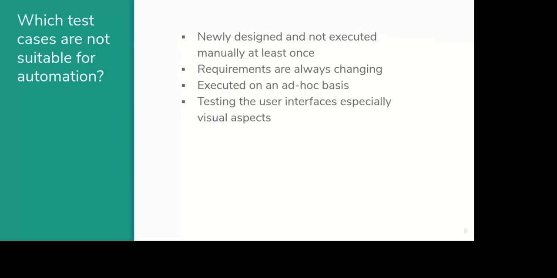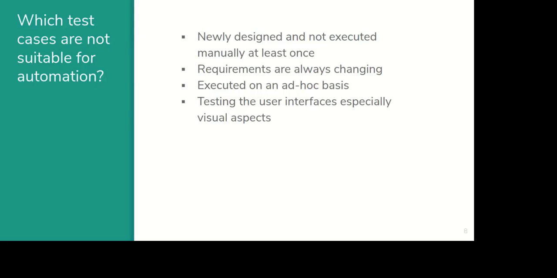So there are some cases where automation is not suitable. For example, newly designed test cases that have not been executed manually at least once, test cases whose requirements are frequently changing, and test cases which are executed on an ad hoc basis.